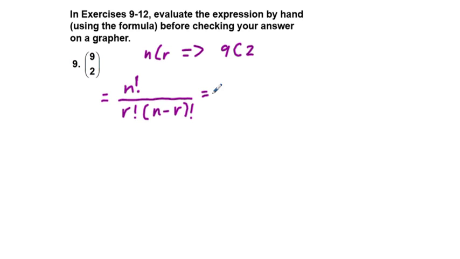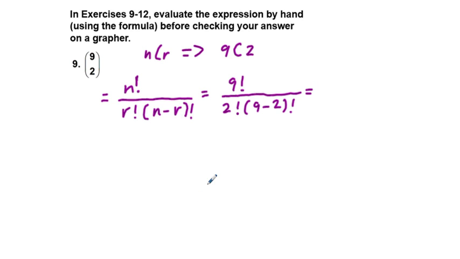In this case, we have n, which is 9 factorial, over r, which is 2 factorial, times quantity 9 minus 2, which is 7 factorial.